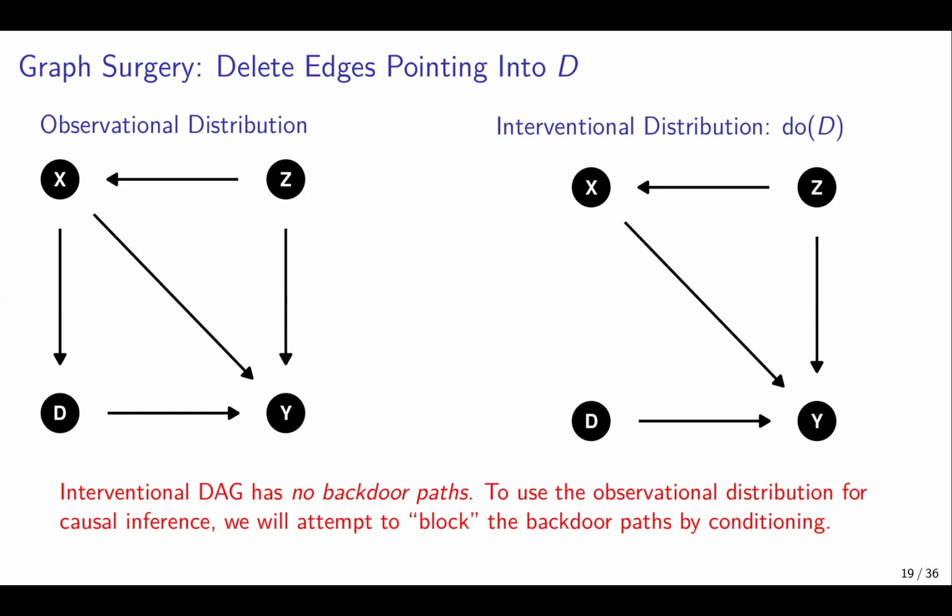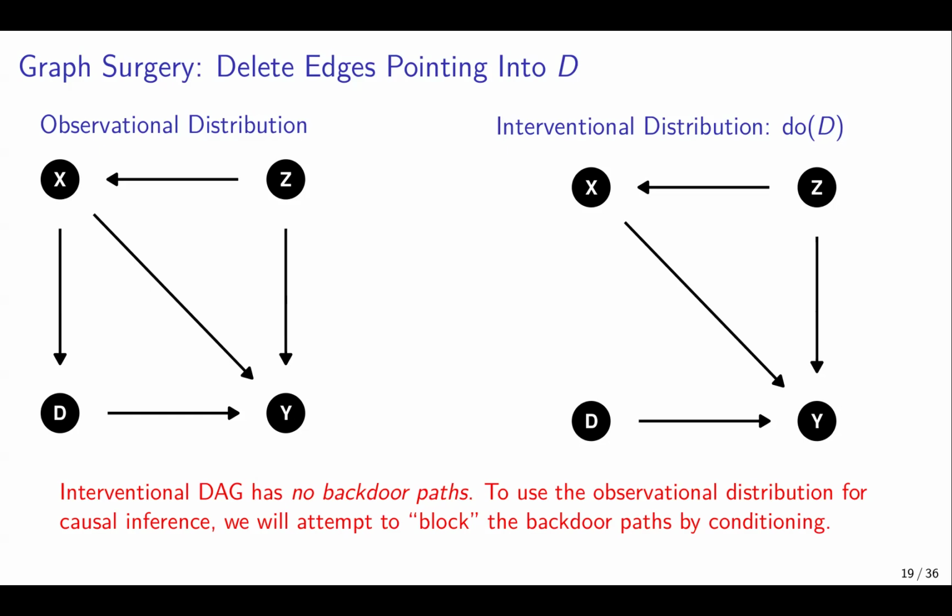I think it might actually be worth pointing it out in the context of this specific example. If we randomly assigned D, we would have the DAG on the right. I'm not sure what Z and X are. This is an abstract example, but it's perfectly possible that there are some causes out there in the world, Z, that causes Y and causes some other thing X, and X that causes Y. Say Y is wage.